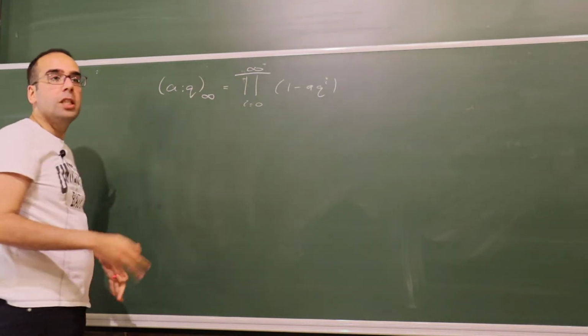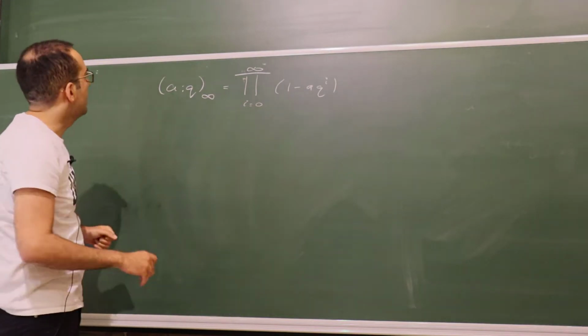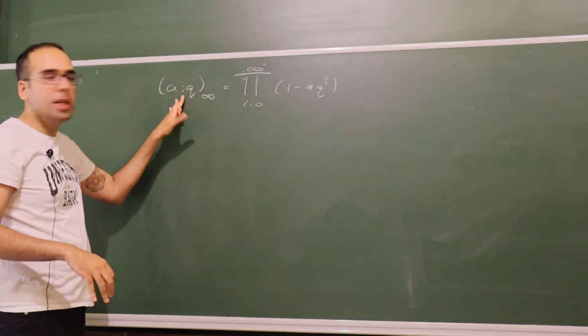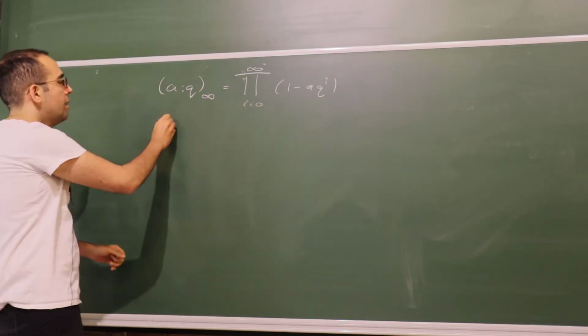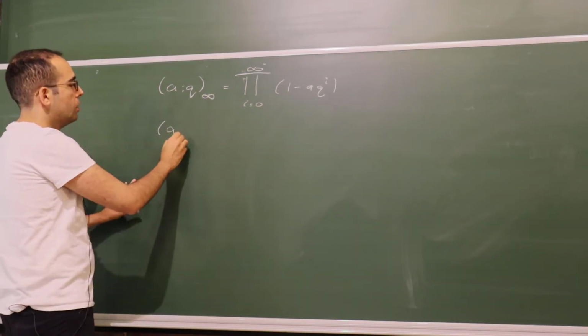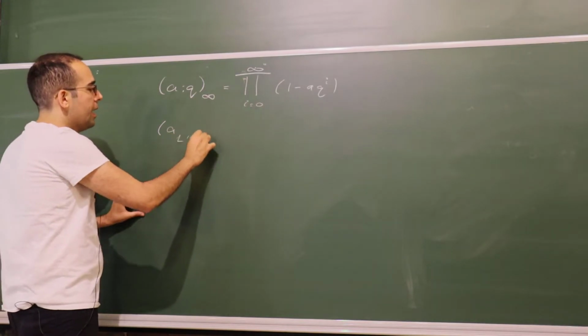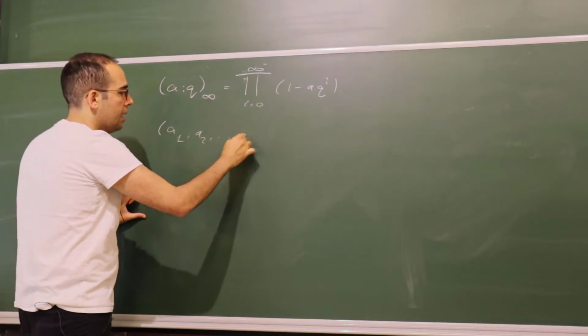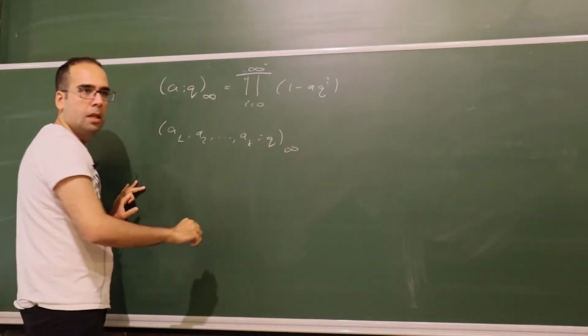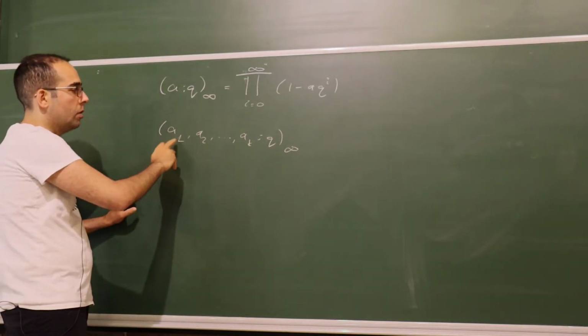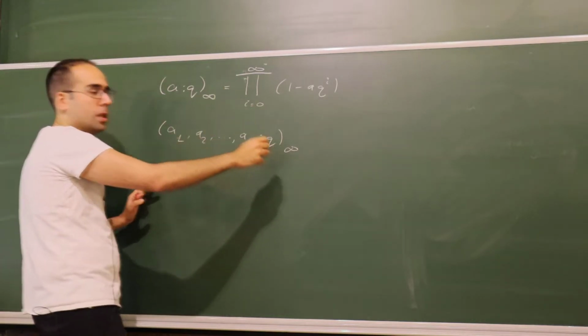And using this, we generate a lot of generating functions. I will write them in a second too. But when we have way too many of these products, and we see similar products all the time, we start to compress things. So if you see me writing (a1, a2, ..., ak; q)_n or (a1, a2, ..., ak; q)_∞, this would mean I'm actually taking a product of each and every q-Pochhammer.